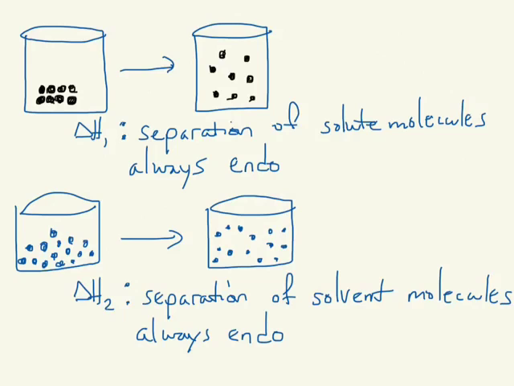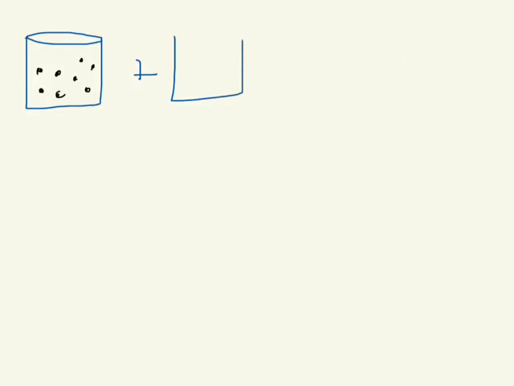And we have to look at delta H3. Delta H3 is basically the combination of all of this. We have our separated ions, 1, 2, 3, 4, 5, 6, 7, 8. And we have to add our separated water molecules, or solvent molecules.